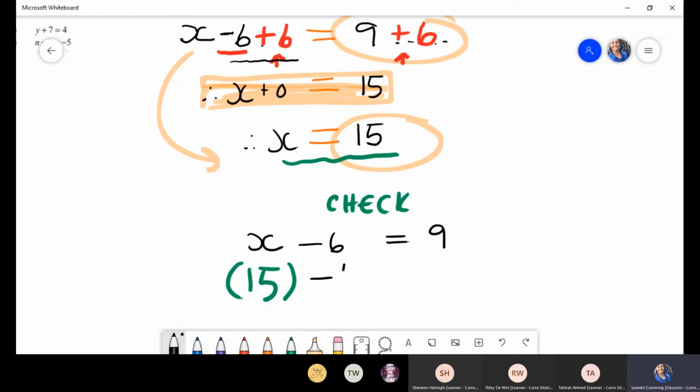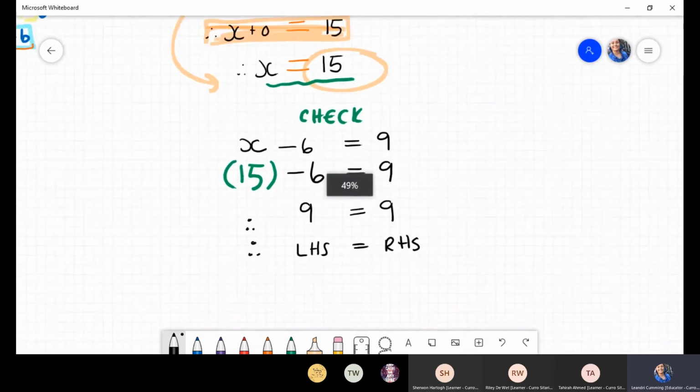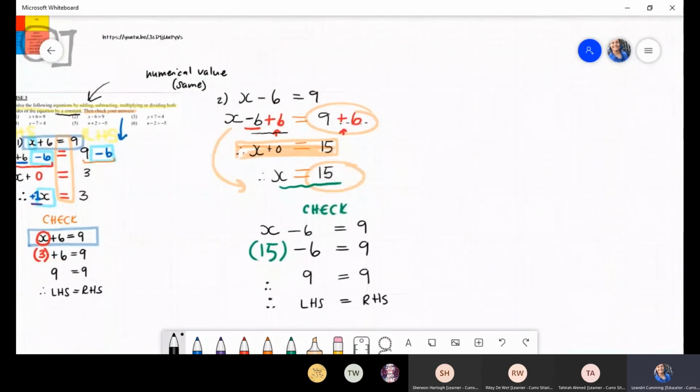I keep the equation as it is. The integrity of the equation must remain. Do I get 9? Yes, I do. Left-hand side is therefore equal to my right-hand side. And this is how you can actually guarantee that you'll get 100% for this section in maths.